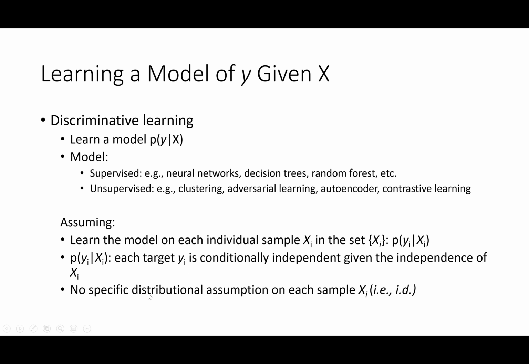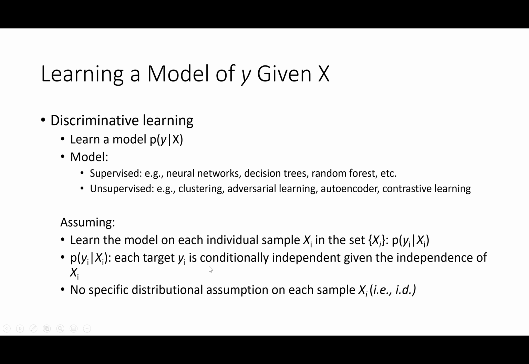And typically, we may not have a very specific distribution assumption on each sample xi, but in a particular learning, we typically just assume all xi follow one specific distribution, right? So it means all the data samples xi are IID, right?